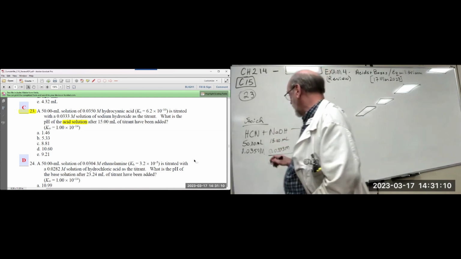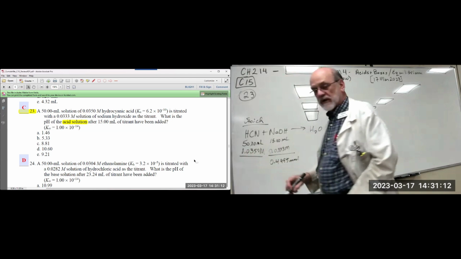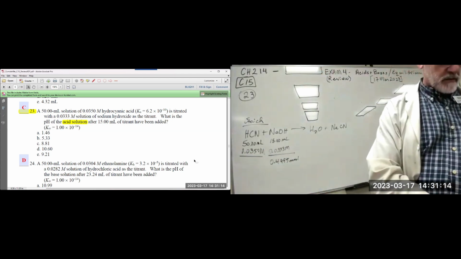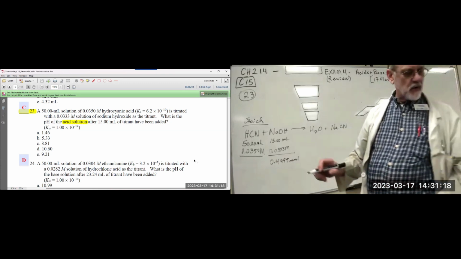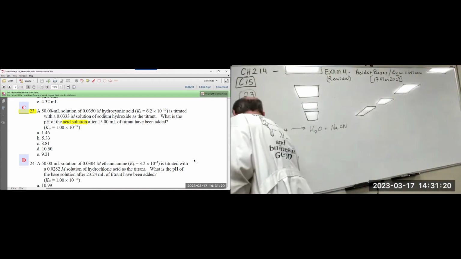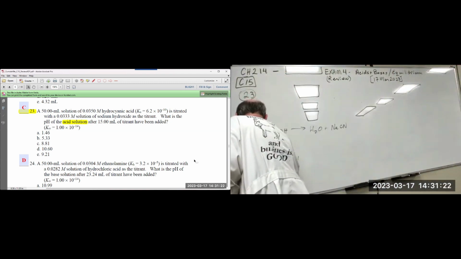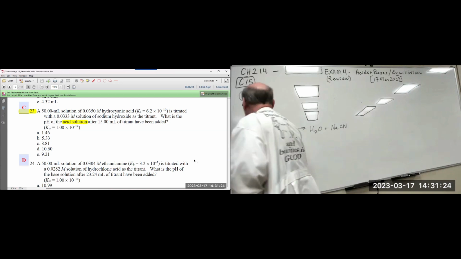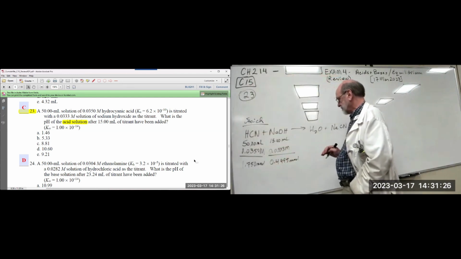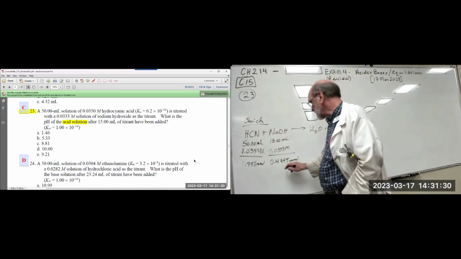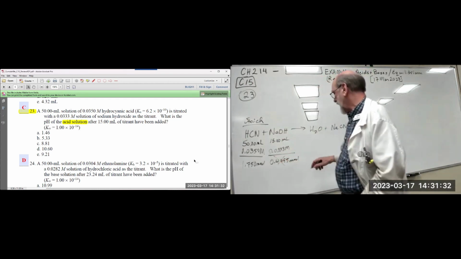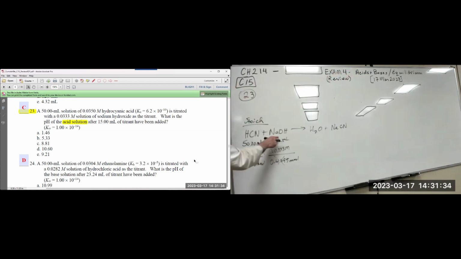And 50 times 0.0350 is 1.750 millimoles of hydrocyanic acid. We're going to use all of the sodium hydroxide up, so there's nothing left of it, and it's a 1-to-1 reaction.